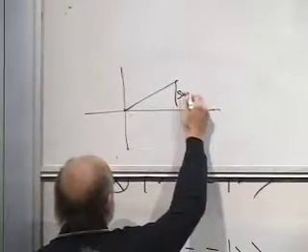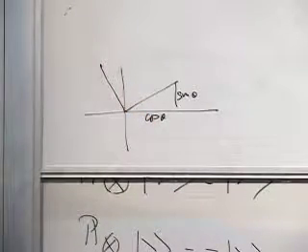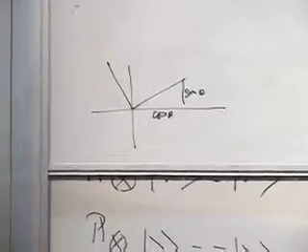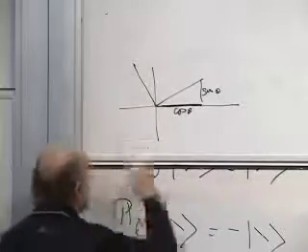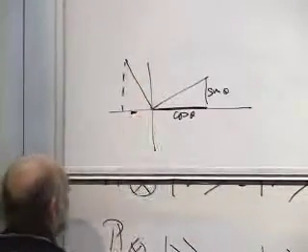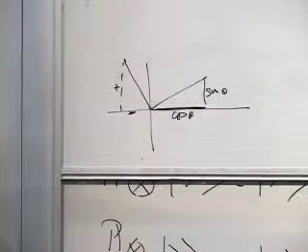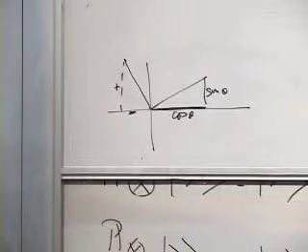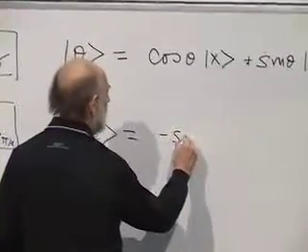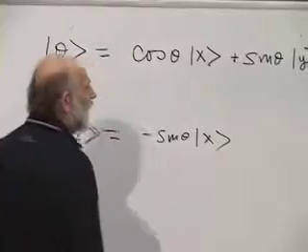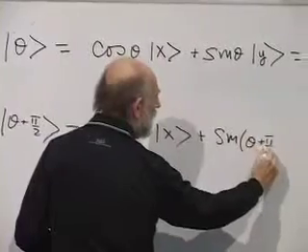Here's the sine of theta. Here's the cosine of theta. Now, here's theta plus pi over 2. Notice that the cosine of theta plus pi over 2 is the x projection here. The cosine is the x projection. The cosine here is negative, but the sine is positive. So the cosine of theta plus pi over 2 is minus the sine of theta, times x, plus the sine of theta plus pi over 2 times y.